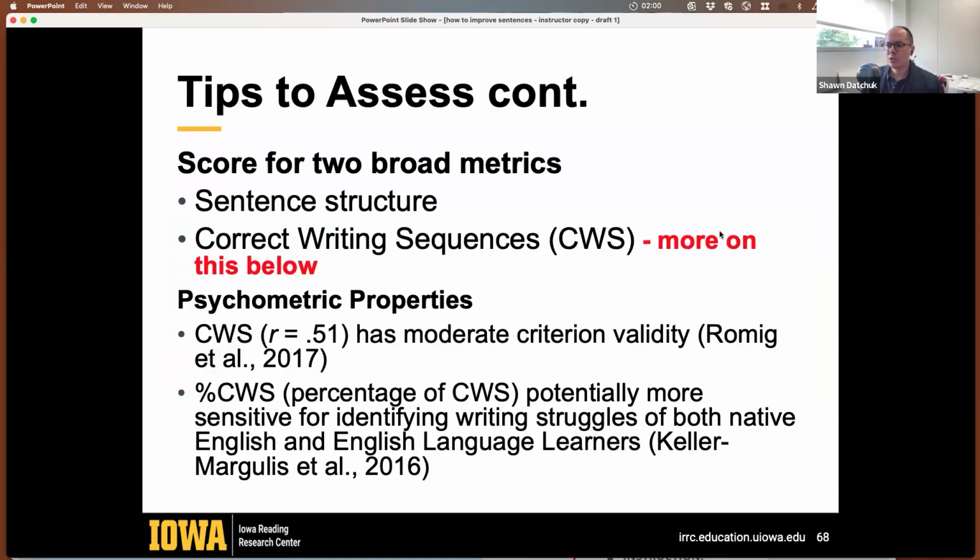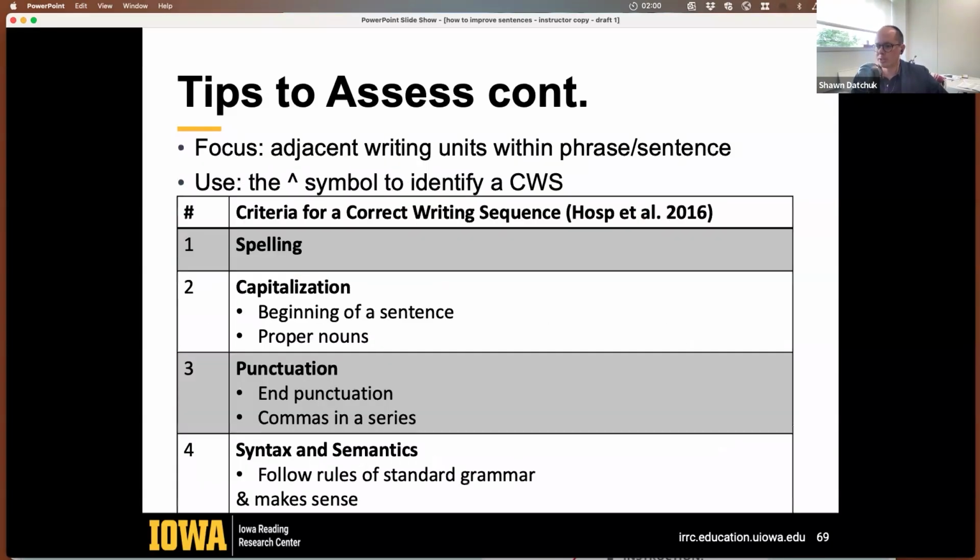And then finally, you could also score for correct writing sequences. Now, there is a wealth of evidence to suggest that correct writing sequences tends to be a pretty psychometrically sound way of scoring not only screeners for detecting writing difficulty, but also a way to progress monitor over time, every week, every other week, student writing performance.